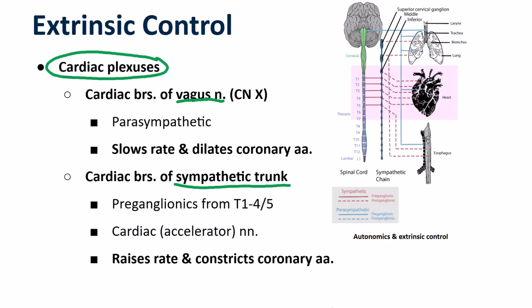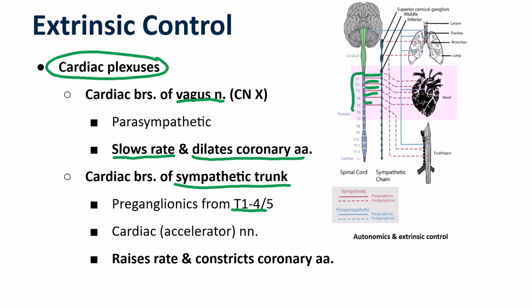Specifically for the heart, with vagal stimulation, that slows rate and dilates coronary arteries. The sympathetic contribution to the cardiac plexus comes from preganglionic fibers from T1 through T4 or 5. So that's what goes out to the sympathetic trunks.